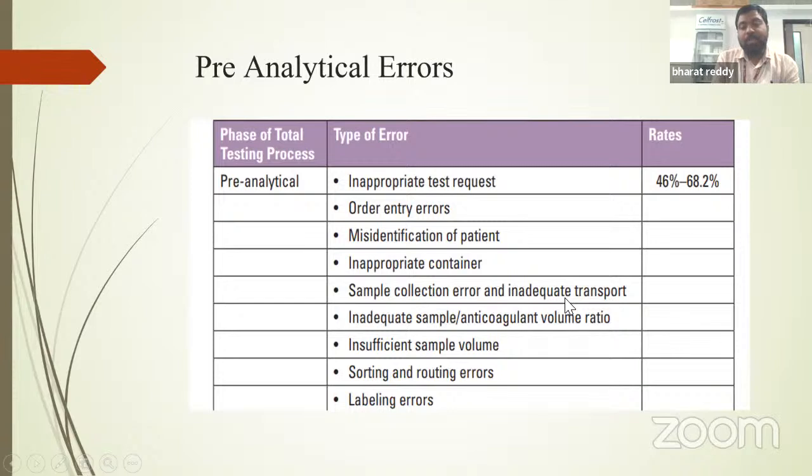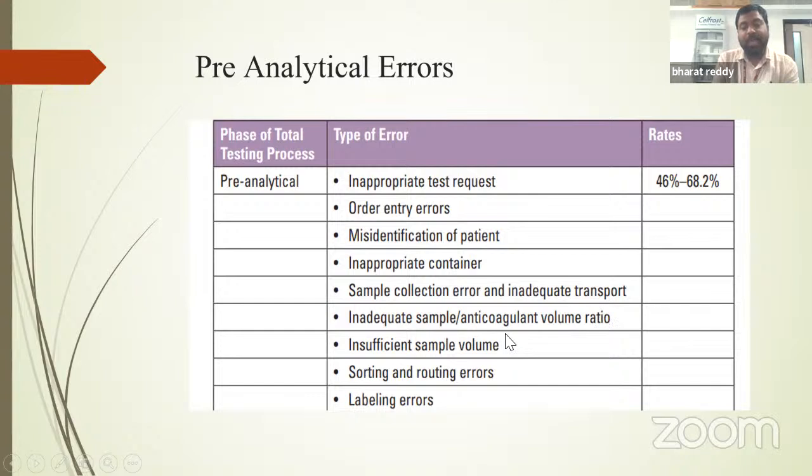The transport system is also very important because most of the sensitive parameters must be transported within minutes. Then inadequate sample and anticoagulant volume ratio. This is also very important in coagulation studies. Most of the time we reject samples in coagulation studies because they are not properly taken.